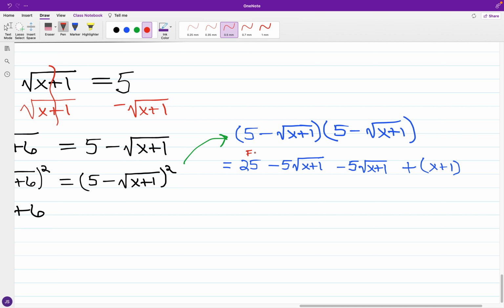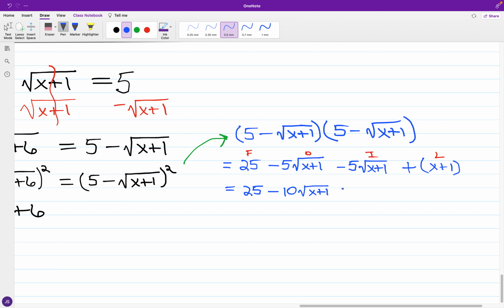Okay, so again, we have the FOIL: first, outer, inner, and last. Again, so you have 25. Now for the outside and the inside products, both of these are square root of x plus 1 terms, and combining coefficients, this will come out to negative 10 times the square root of x plus 1.